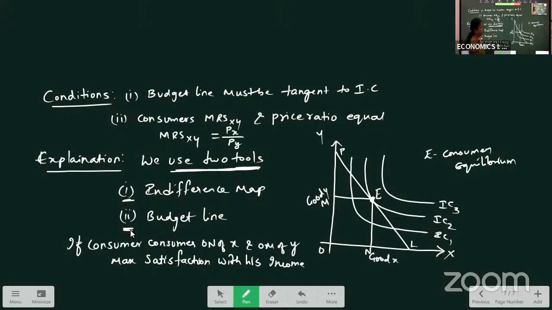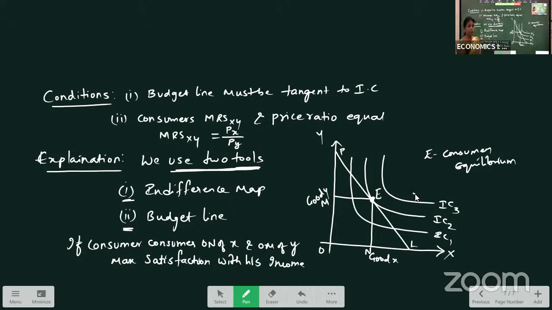Okay, if you see, IC3 is beyond my budget, so I will not purchase that one. Why? Because the quantity is more there. IC1 is less than my budget, but it is not giving me maximum satisfaction. Though it is less than my income, I'm not getting full satisfaction there. So I will not go for IC1. IC2 is the point where my money is equal to the satisfaction I'm getting.